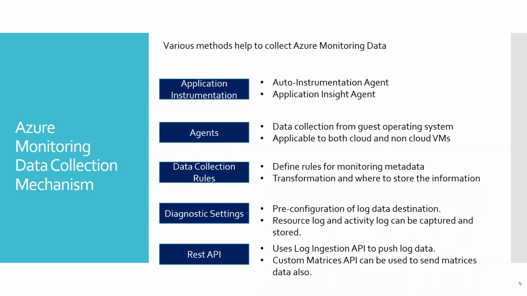Resource logs and activity logs can be captured and stored. So basically, when you are dealing with applications or creating infrastructure, you can always configure your destination in diagnostic settings to push your logs. And REST API uses the log ingestion API to push log data, and the custom metrics API can be used to send metrics.